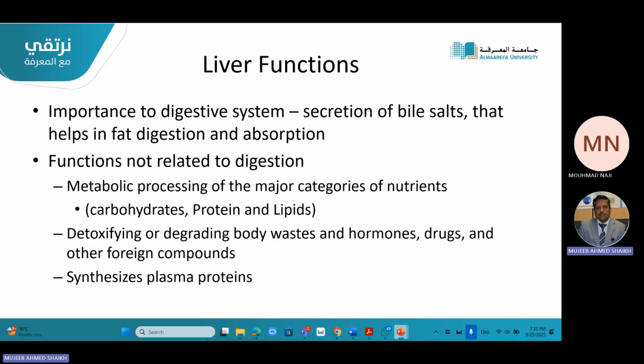Let us talk about what the functions are. There are so many functions of the liver, but to remember, we have to divide them into categories. The major categories are two. Liver functions are divided into digestive function and non-digestive function.